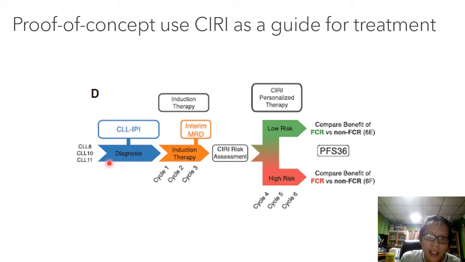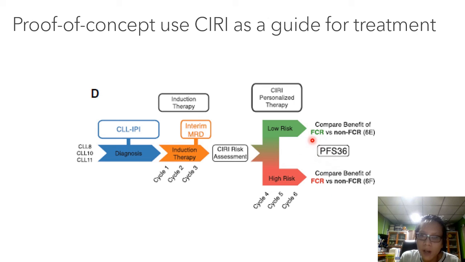We use only CLL, IPI, and interim MRD to make our model, and then we test it with varied thresholds of SILI risk, with multiple cutoffs, to see which cutoff works best to find a subgroup of patients that can be treated by FCR or non-FCR.